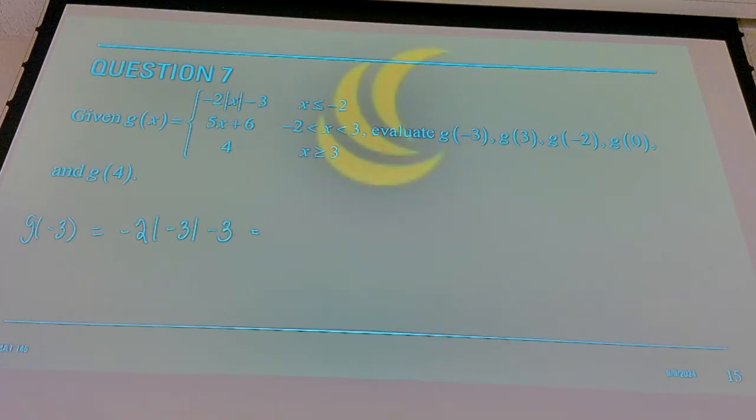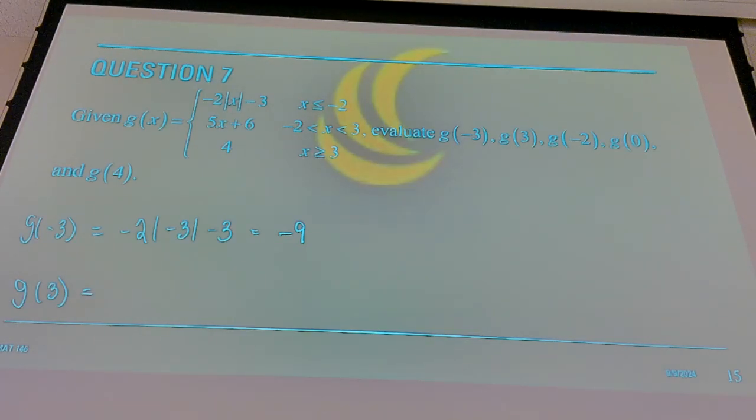What's the absolute value of -3? 3. Times -2 is -6, minus 3, is -9. G of -3 is -9. Now G of 3.